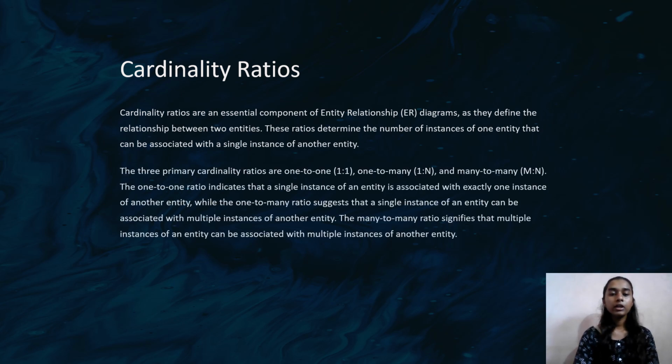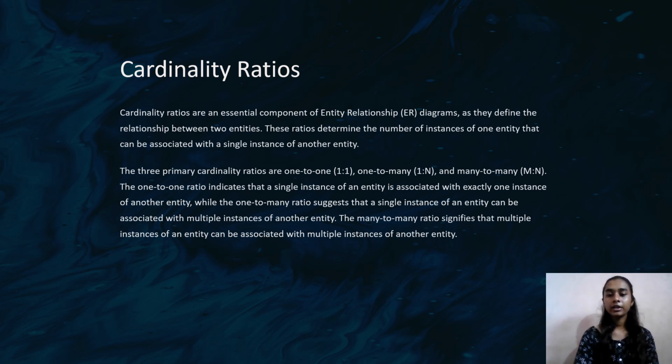The three primary cardinality ratios are 1 to 1, 1 to many, and many to many. The 1 to 1 ratio indicates that a single instance of an entity is associated with exactly one instance of another entity, while the 1 to many ratio suggests that a single instance of an entity can be associated with multiple instances of another entity.